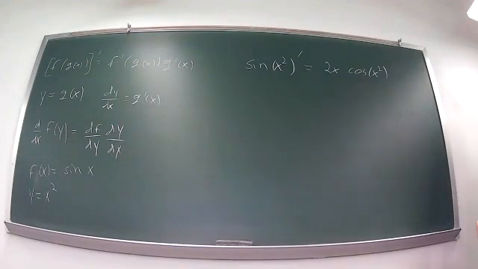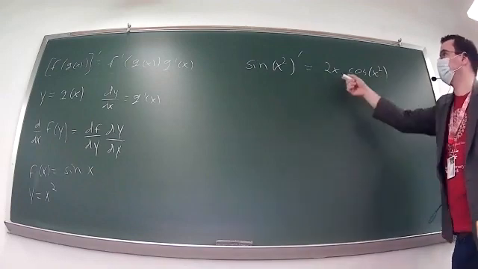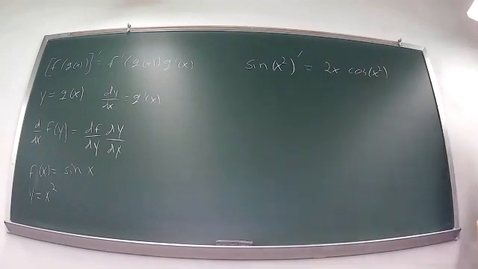So applying that chain rule says the derivative of sine is cosine, plug in your x squared, then multiply by the derivative of the inside function. So let's review the chain rule.